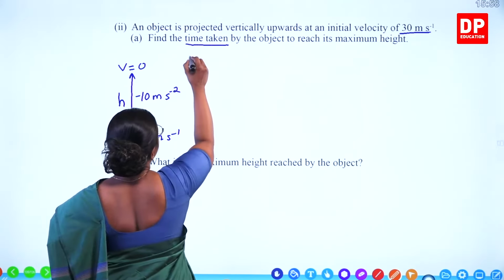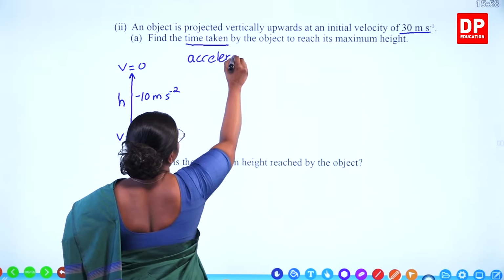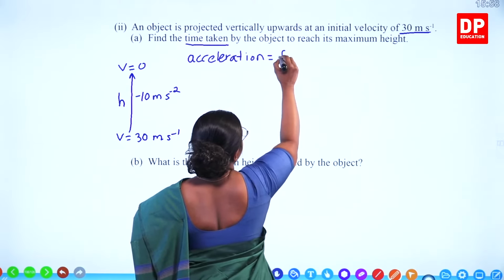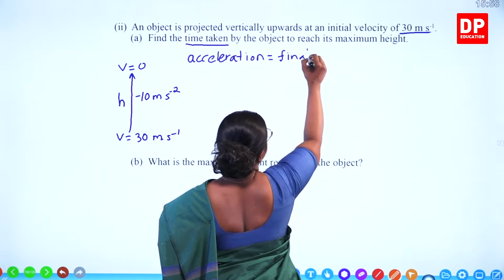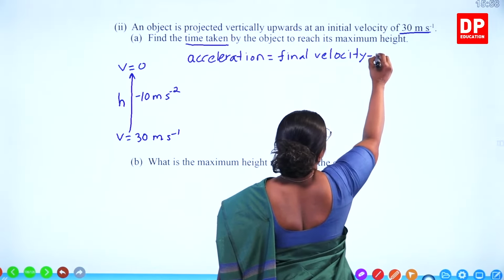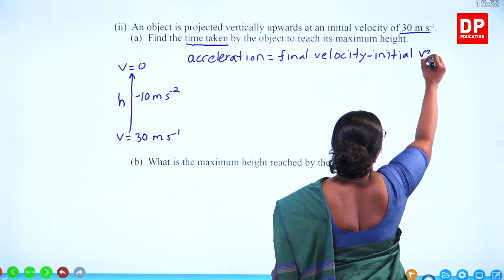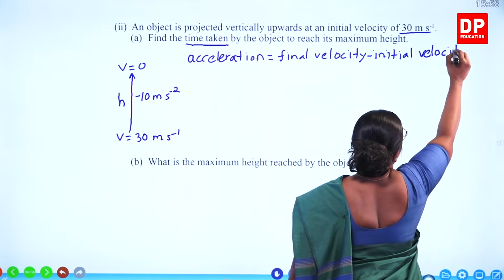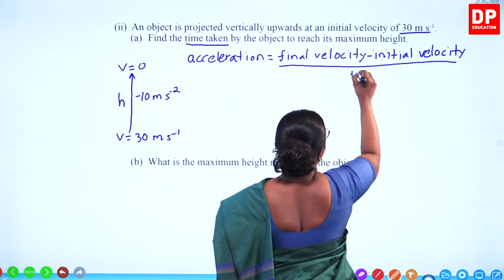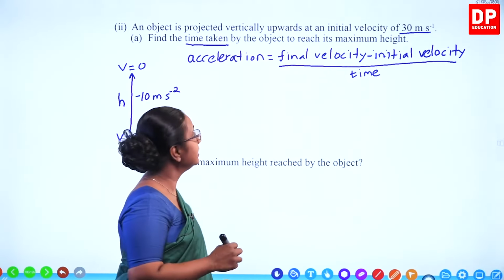So here I will write the equation as acceleration equals final velocity minus initial velocity divided by time. So from this we can calculate the time.